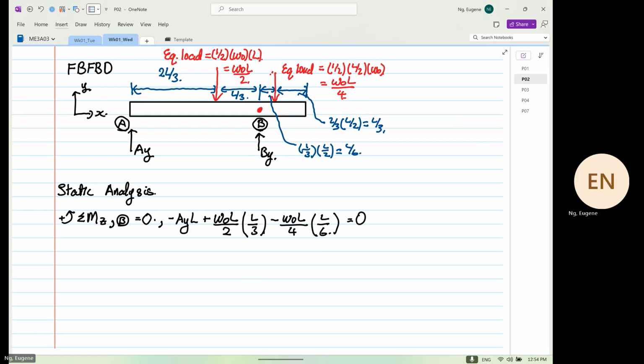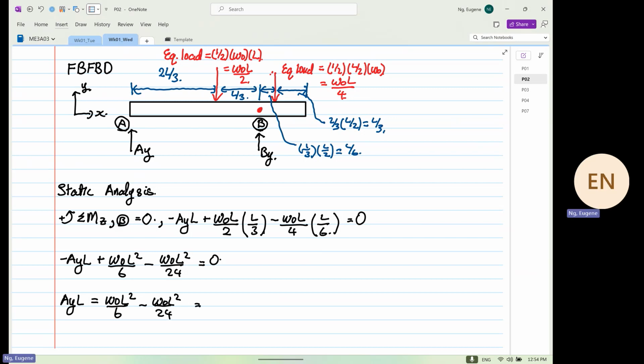Okay. So we just need to tidy up this equation. So minus AY L, then plus omega naught L squared over 6, minus omega naught L squared over 24. So from here, we know that AY L is equal to omega naught L squared over 6 minus omega naught L squared over 24.